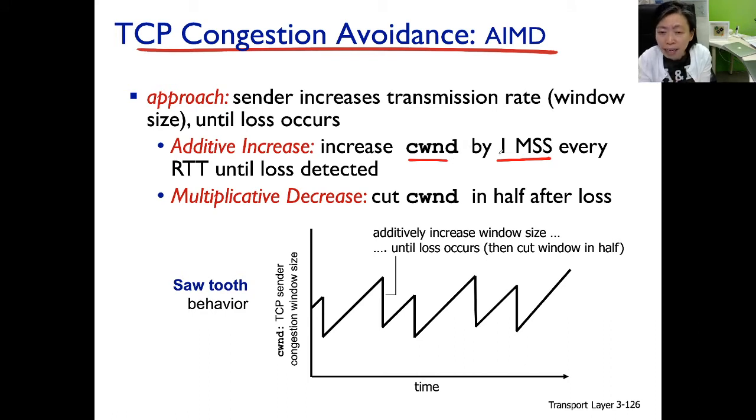In the implementation, what's being done is to increase the window size by one maximum segment size. So MSS here, if it's configured to be 1460 bytes, then the window size is incremented by 1460 if there's no loss detected within a round.